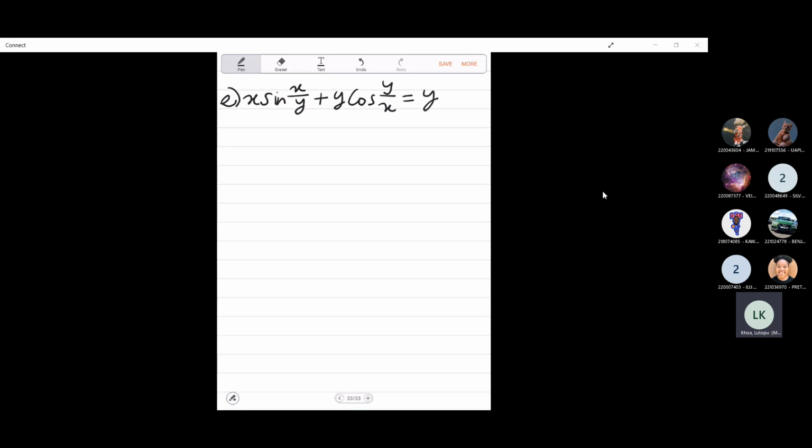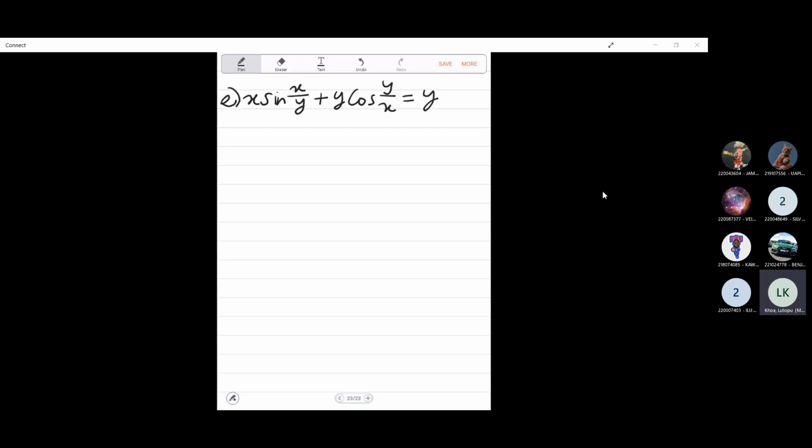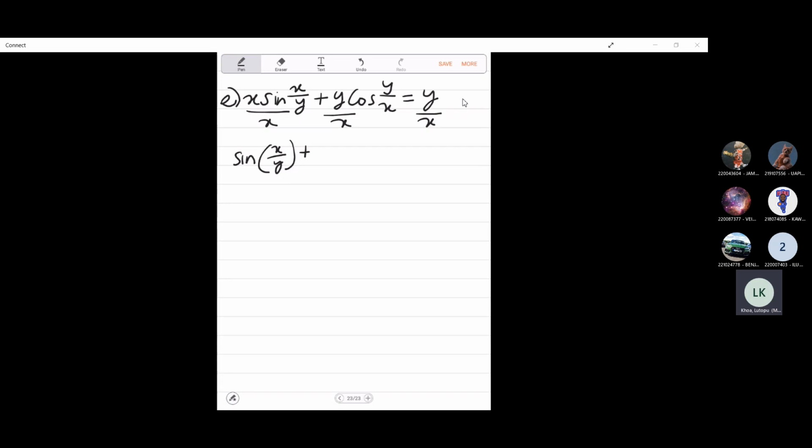So this one is also homogeneous, because if I divide everything by x, divide by x, divide by x, divide by x, what I will have is sine (x over y) plus (y over x) cos (y over x) is equal to y over x. And again, if I made the substitution v equal to y over x, I would have sine (1 over v) plus v cos v is equal to v.